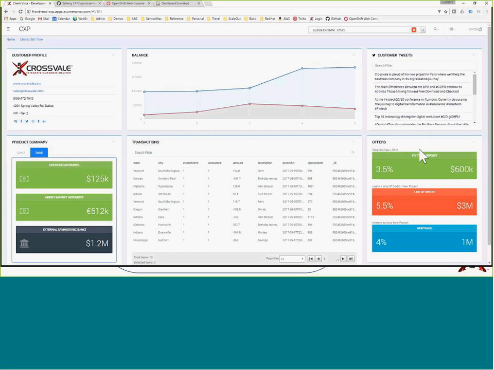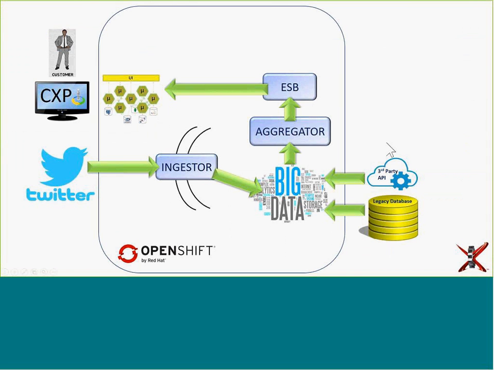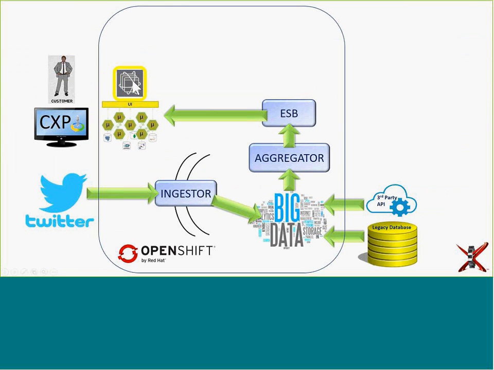The suggested offers microservice is actually making sense of all this data and pushing a very simple view to them of what they should be presenting to the customer. This is an example in one industry, but the same concepts apply to lots of different industries. What I'd like to do now is step back into the slides and show you the next step, which is where we put a change through.